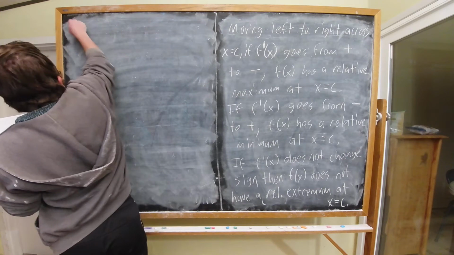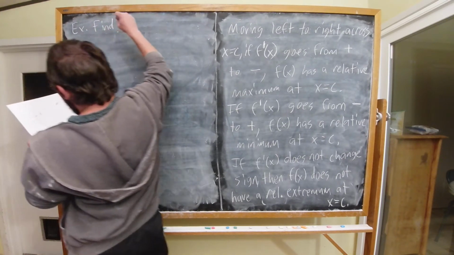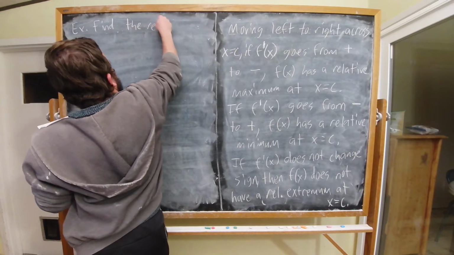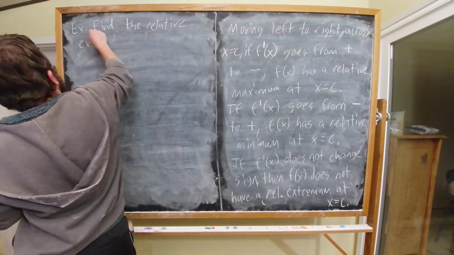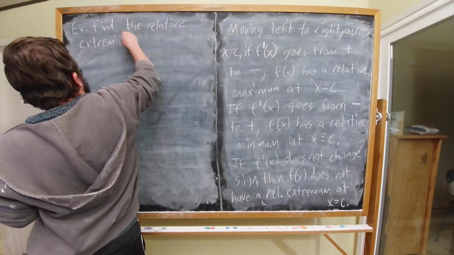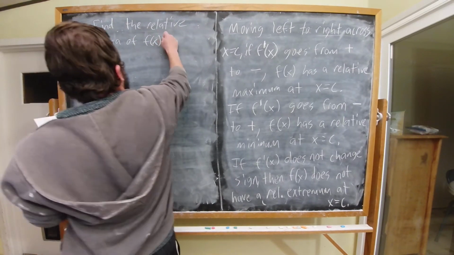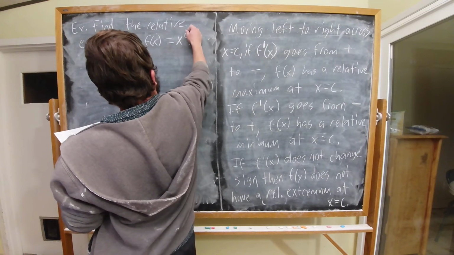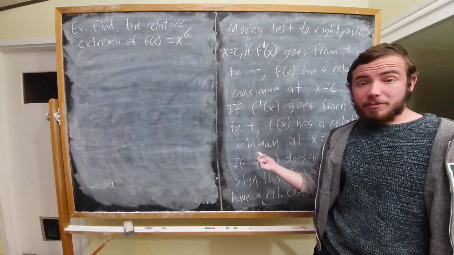Alright, let's find the relative extrema of f of x equal to x to the sixth power. Step one, compute the derivative.